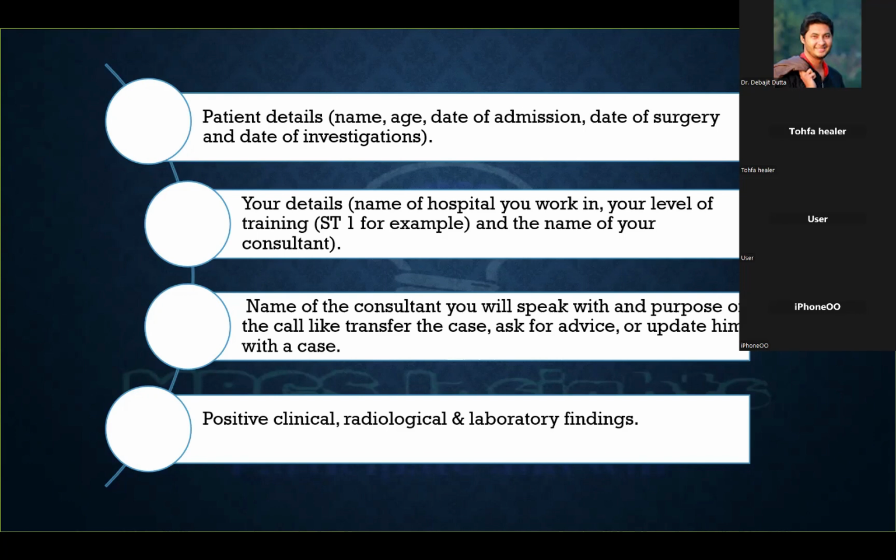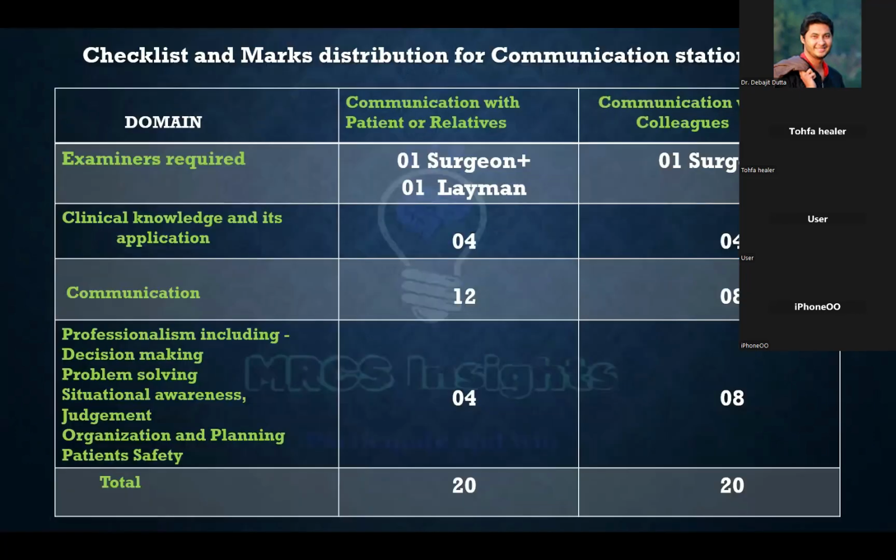Now what we'll be doing is telling you about the checklist and mark distribution for the communication station. As you can see, in communication with the patient or relatives, one surgeon and one layman examiner will be present. And most of the marks, like 12 marks, will be distributed in the communication part.